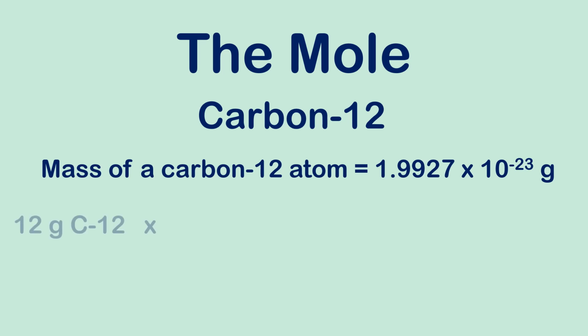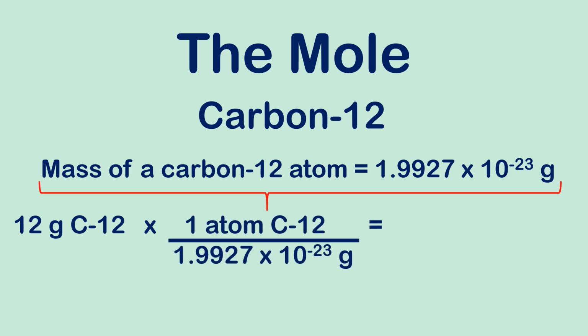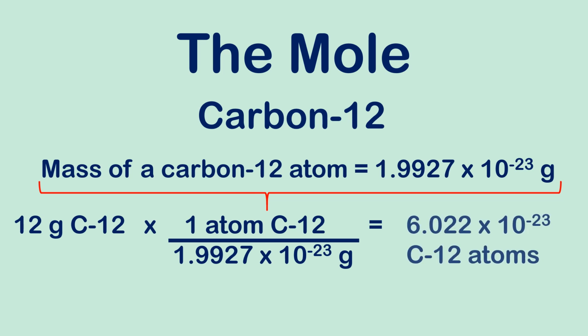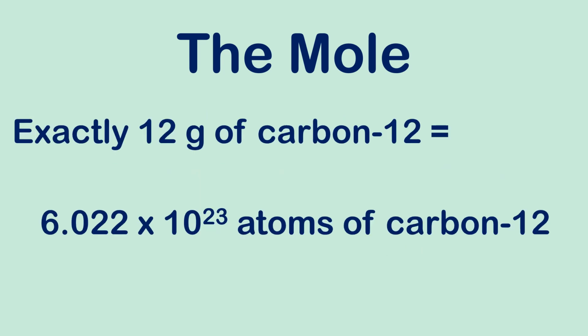If we simply convert exactly 12 grams of carbon-12 atoms into numbers of atoms using the mass conversion, the number of atoms can be calculated. So in exactly 12 grams of carbon-12, there are exactly 6.022 times 10 raised to the 23 atoms of carbon-12.